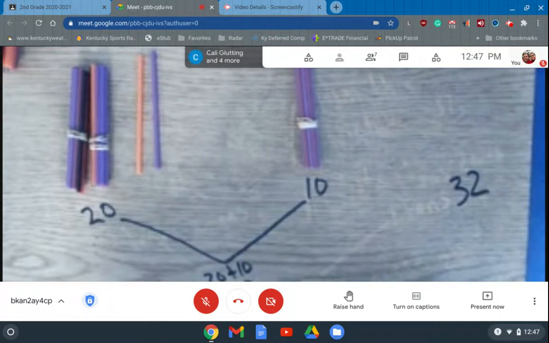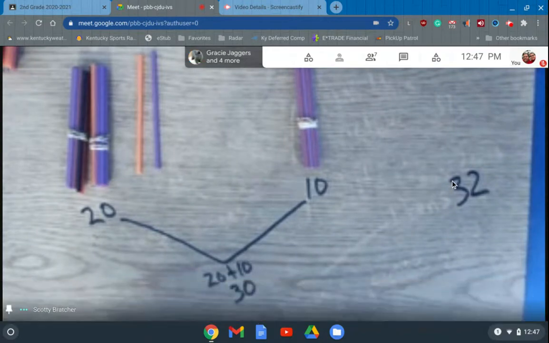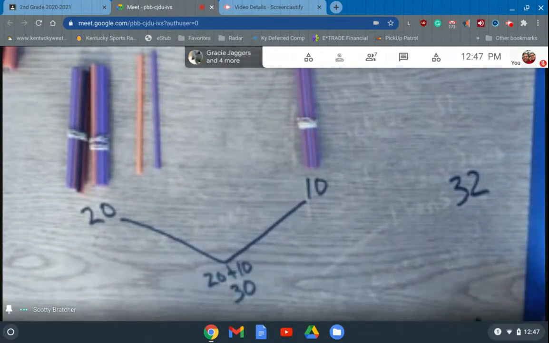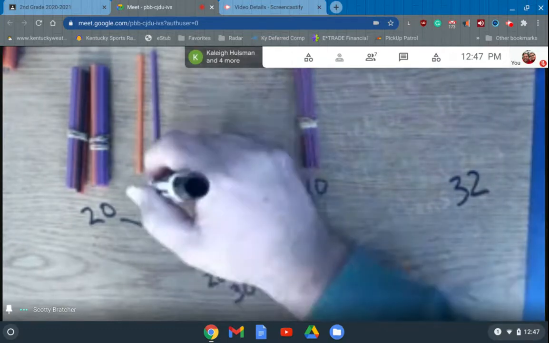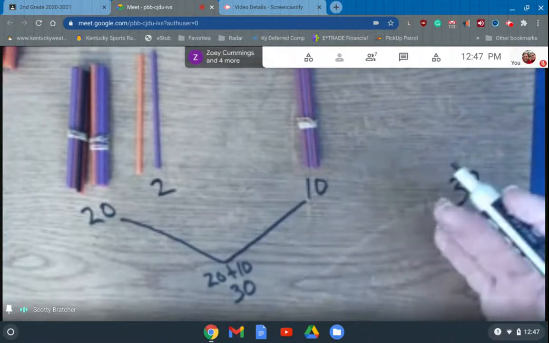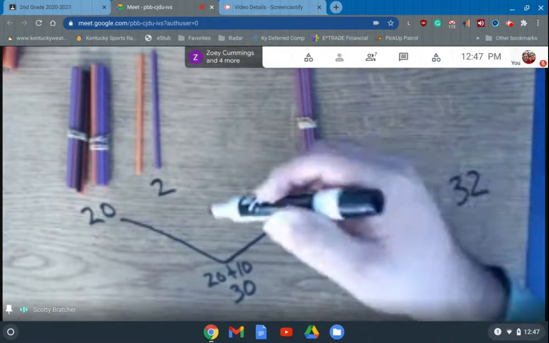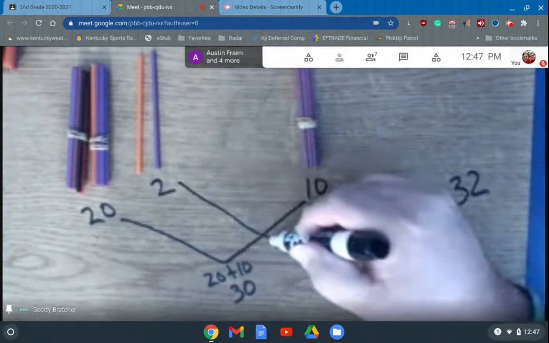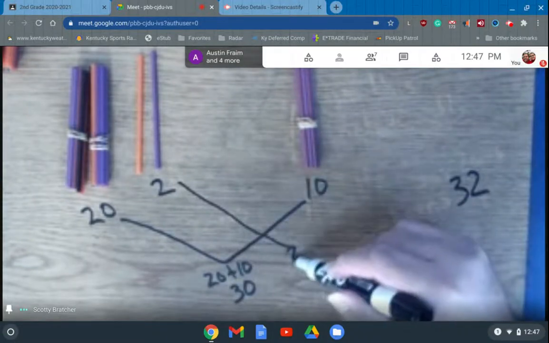Yes. All right. And then you add the 2 to the 30. So then I've got 2 here, and the 2 doesn't have anybody to go with, right? So I'm going to draw it down here and say this is a 2.